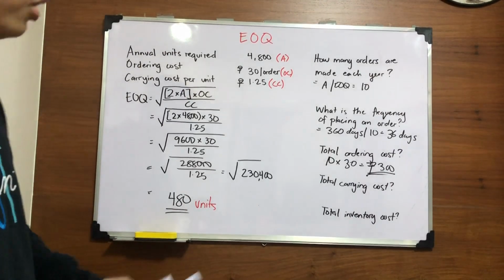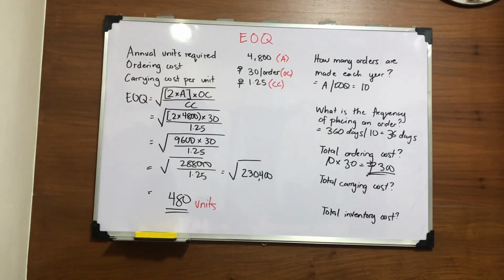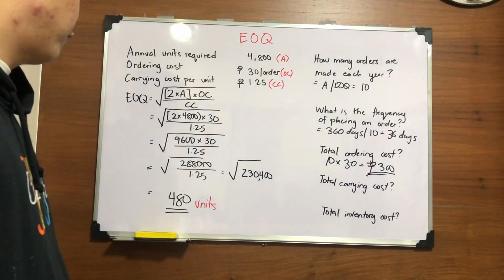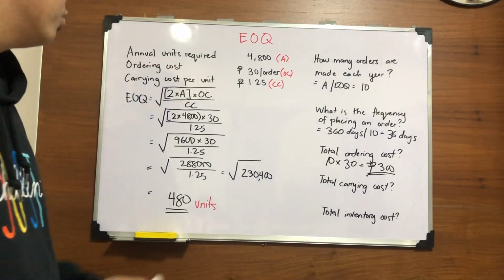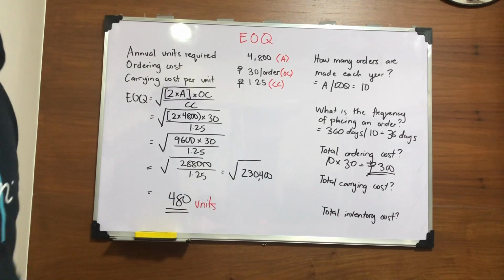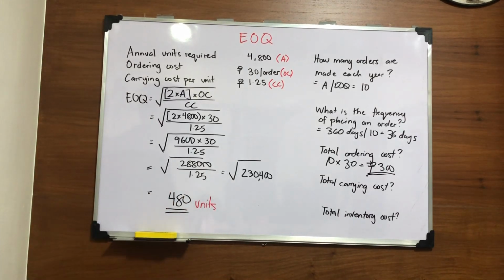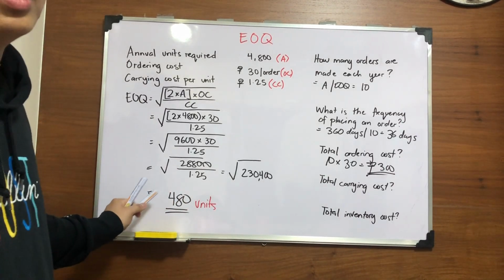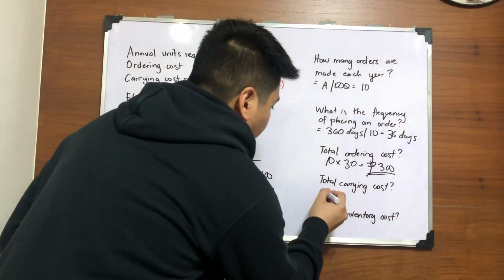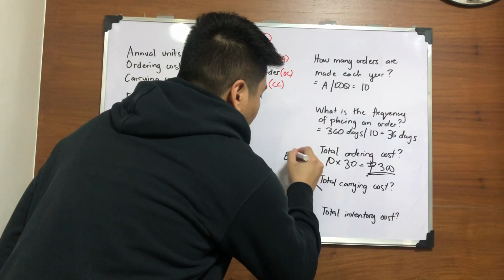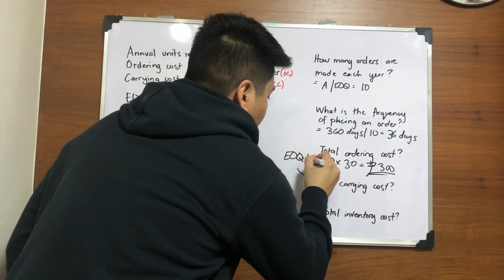Okay? So for your total carrying costs, the formula for that would be your average inventory multiplied by your cost per unit. So for you to get your average inventory, you average your EOQ, and how do you average it? You divide this by 2. So one formula here is EOQ divided by 2.